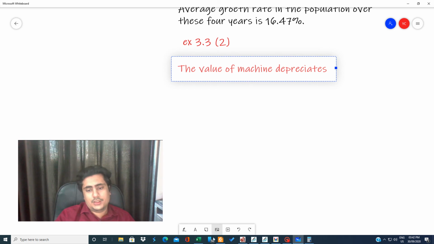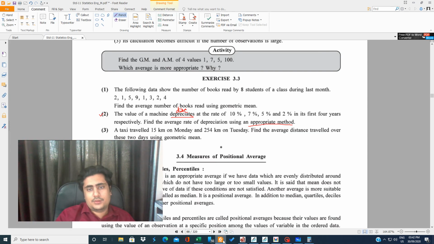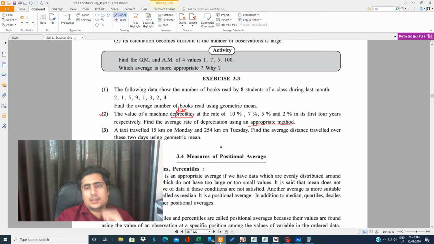The value of the machine depreciates at a rate of 10%, 7%, 5%, and 2% in its first 4 years respectively. You are asked to find the average rate of depreciation.